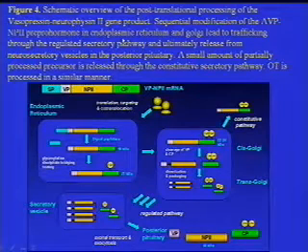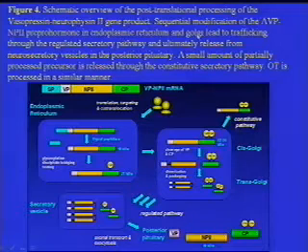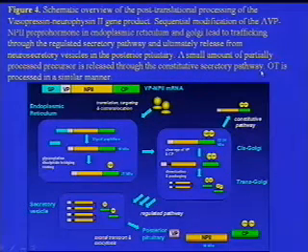The post-translational processing is initiated in the ER and continues in the Golgi, ultimately trafficking through the regulated secretory pathway and then ultimately released from the neurosecretory vesicles in the posterior pituitary, as we said. A small amount of partially processed precursor is released through the constitutive secretory pathway, and oxytocin is processed in a similar manner.